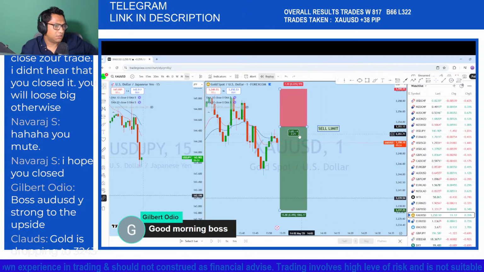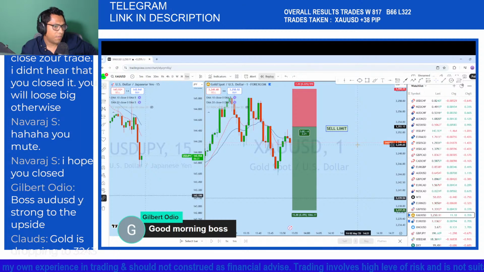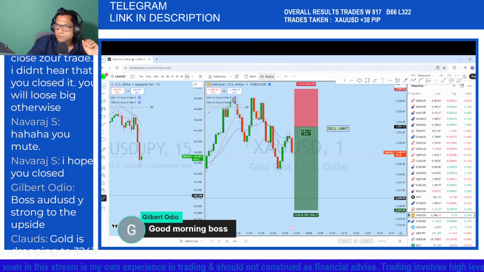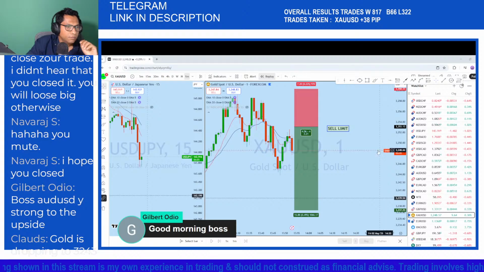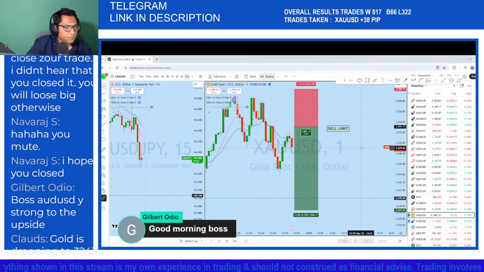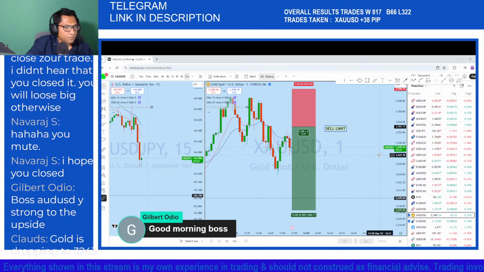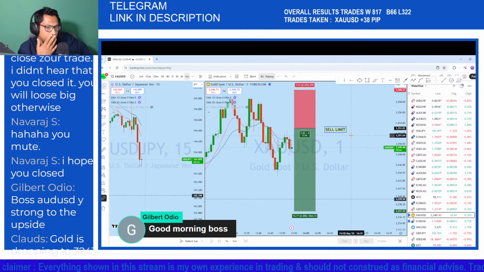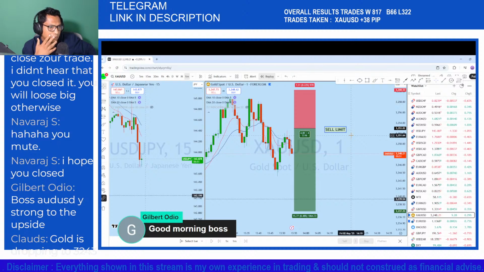It didn't retest, but it's trying to drop. Come on, it didn't take the trade, but it's trying to drop here. For a few pips, it didn't trigger.